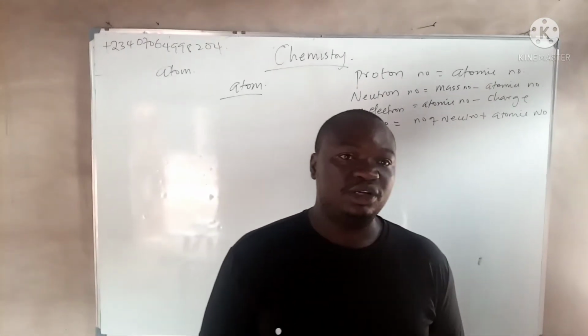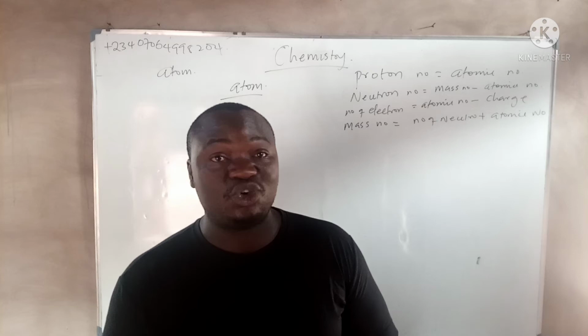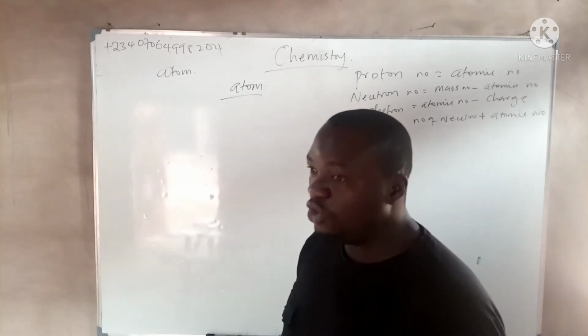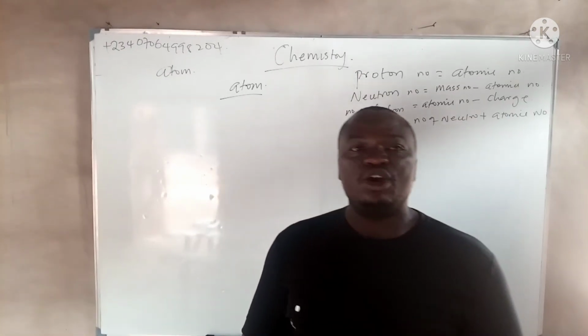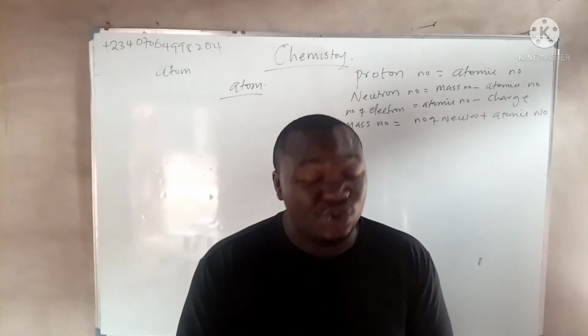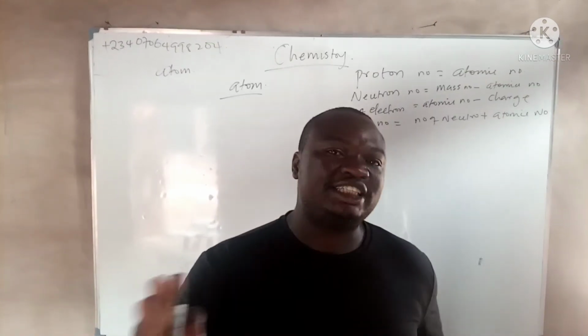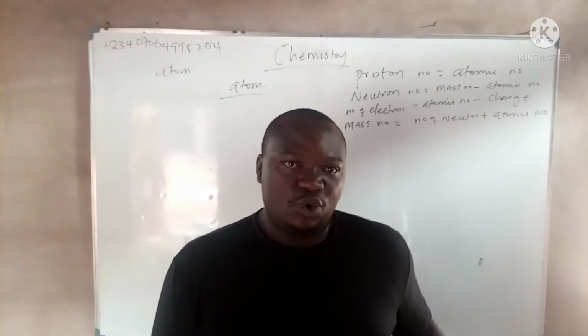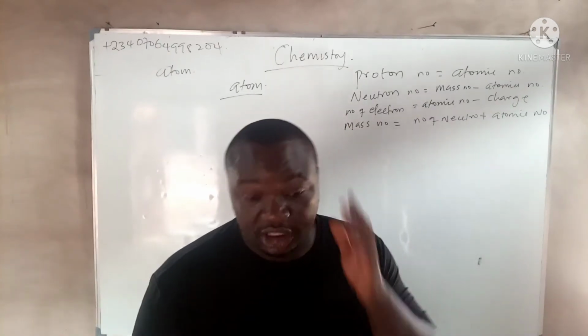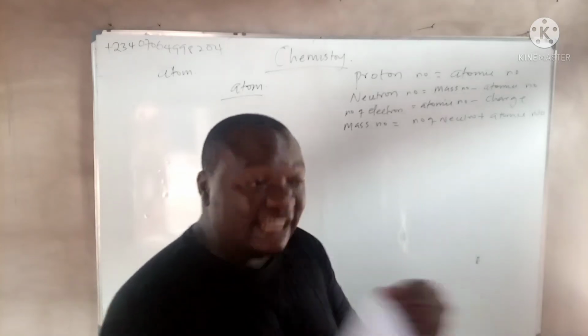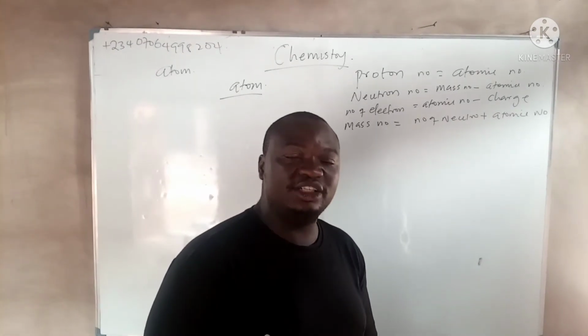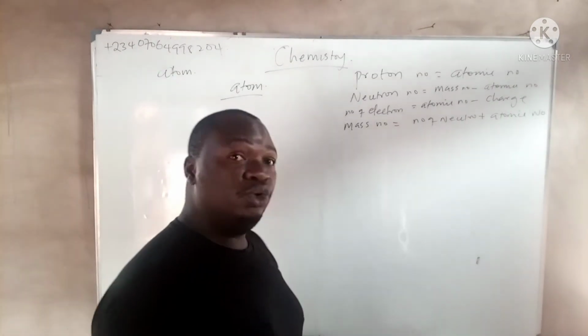But in an ion, the number of protons and electrons are not the same. Know this again: when an element loses an electron, it becomes positively charged. When it gains an electron, it becomes negatively charged. Note this again.